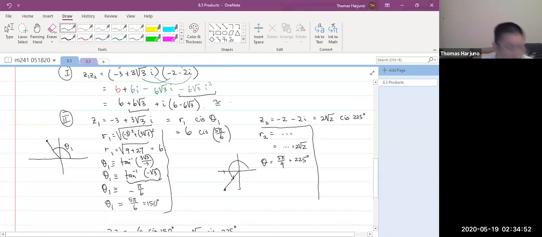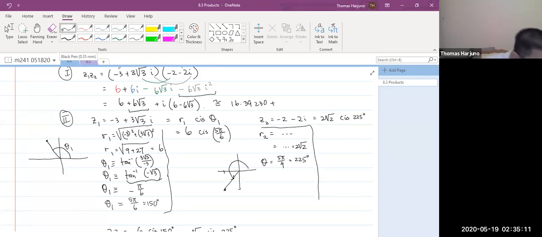Using a calculator, this is 16.39230, plus about 6 minus 6 radical 3. I get minus... 6 minus 6 radical 3 is supposed to be positive. Do I get anything wrong?